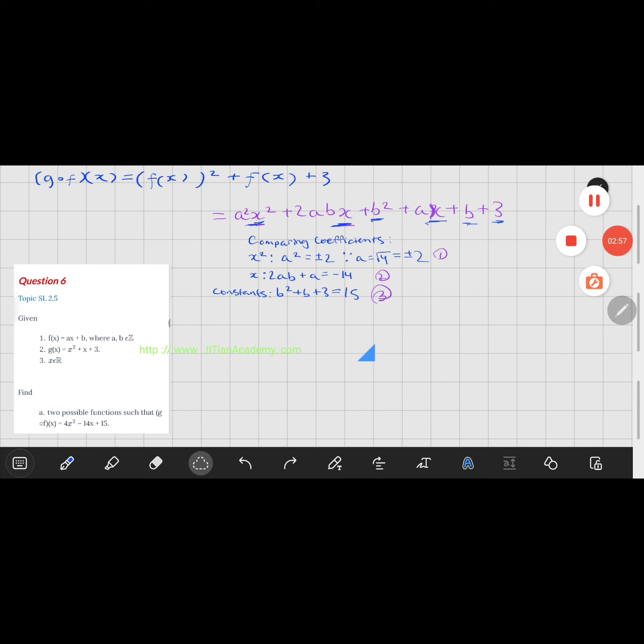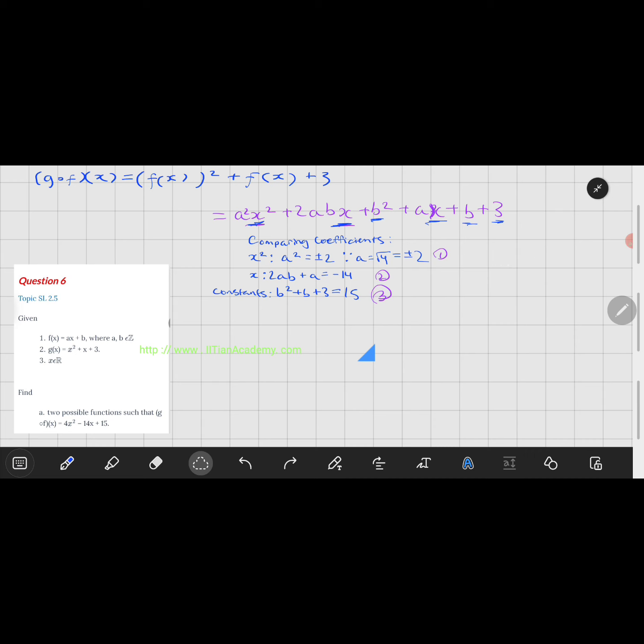So now we have two scenarios that we must evaluate, for our coefficient in front of the x squared term, where it can either be plus 2 or minus 2.